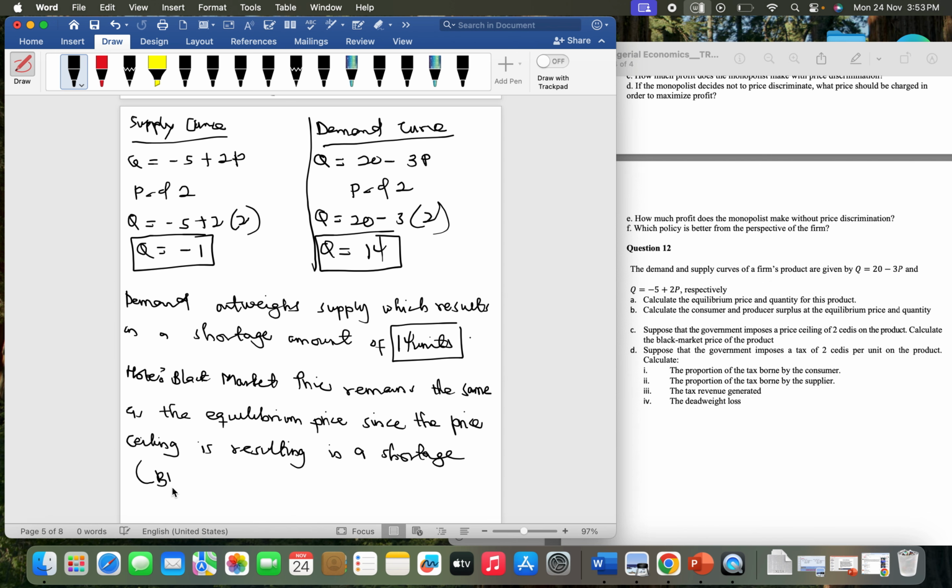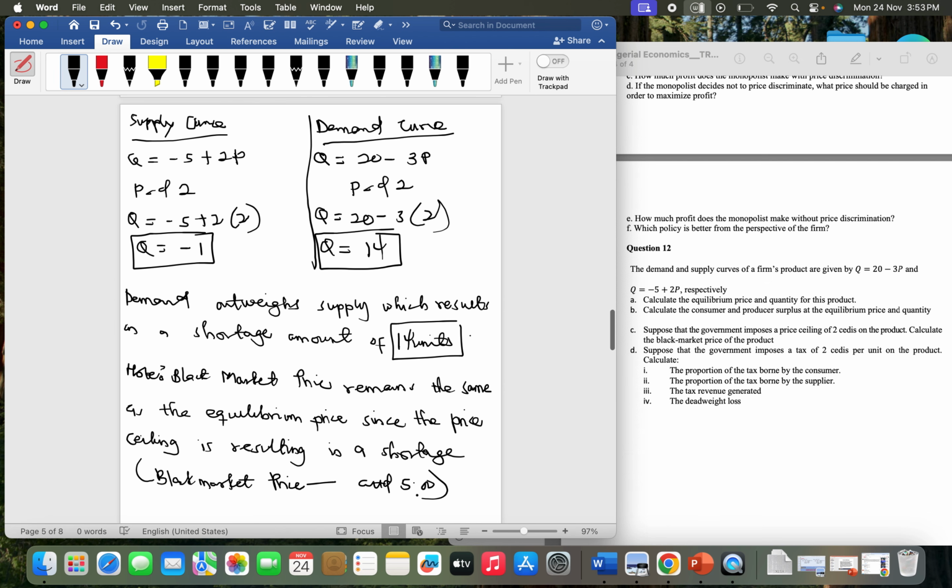So we have black market price. So that's all for the C part of the question.